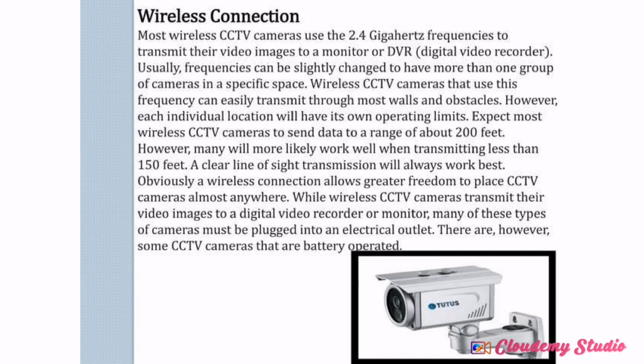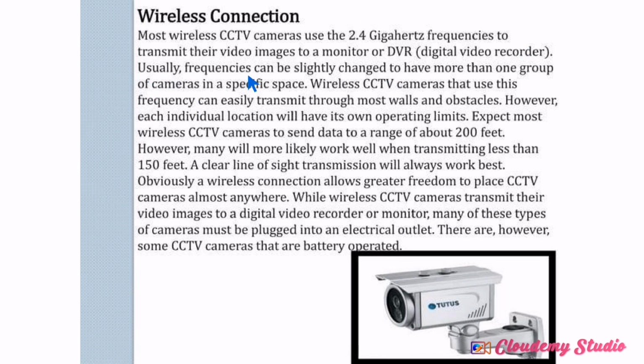The common, standard transmission speed is 2.4 gigahertz, from the camera to the DVR, then from the DVR to the monitor or screen. That is what this point was trying to explain: wireless CCTV cameras use this 2.4 gigahertz frequency to transmit their video images to a monitor or DVR.